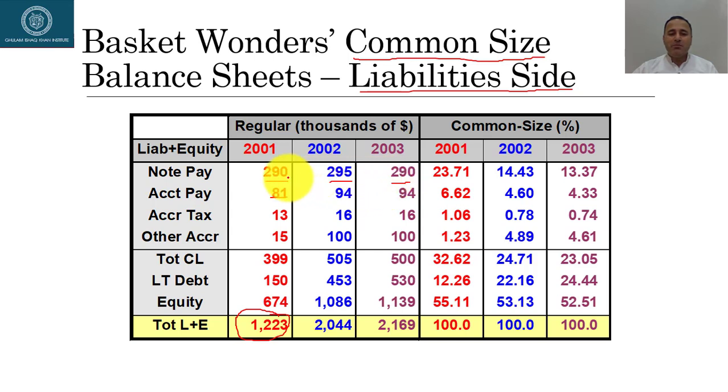You cannot simply compare them, because the balance sheet size in 2001 is very different from the balance sheet size in 2002 and 2003. So for a good comparison, first of all, you have to bring them to a common size. That's why it's called common size analysis.